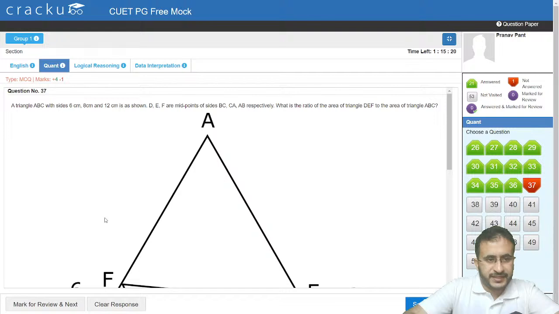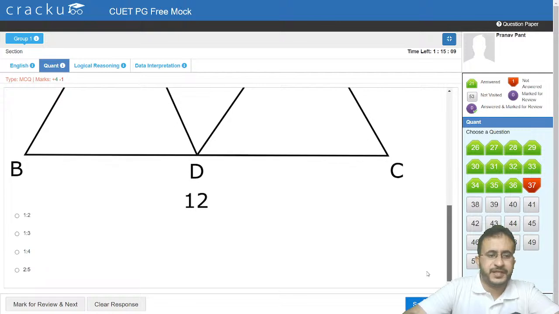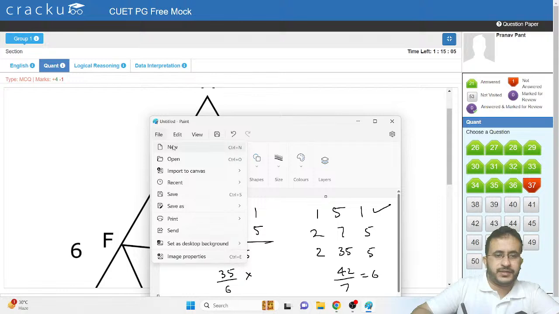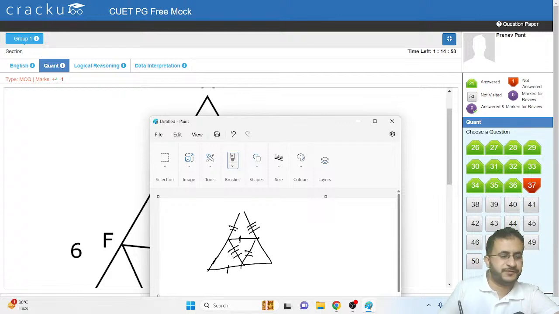Okay, so it says that ABC with sides 6, 8 and 12, DEF midpoints. And what is the ratio of area of triangle DEF to ABC? So whenever you have this kind of a triangle, just remember it's a standard answer. अगर triangle के midpoint join कर लेते हो, and whatever be the triangle, if you join the midpoints, this side is half of this side, this side is half of this side, and this side is half of this side, right?